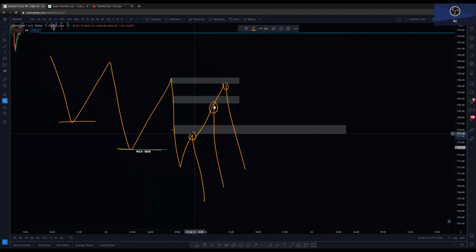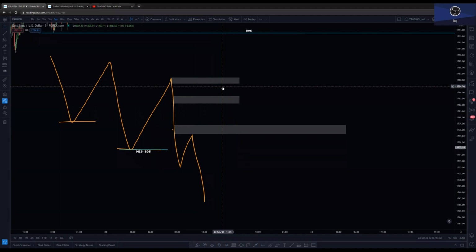If the market has three order blocks, the first entry will be here, and this will be a risk entry. This one is called a risk entry.